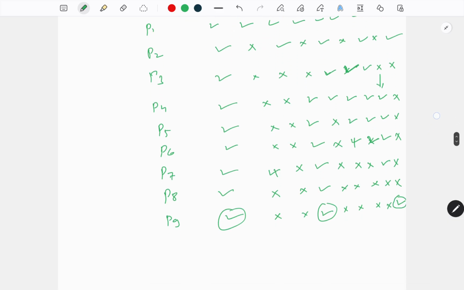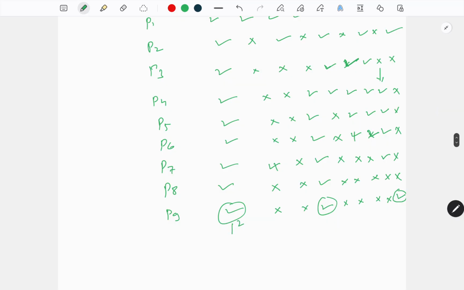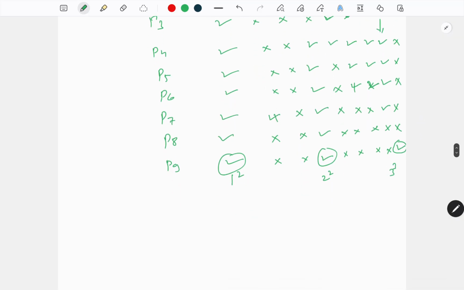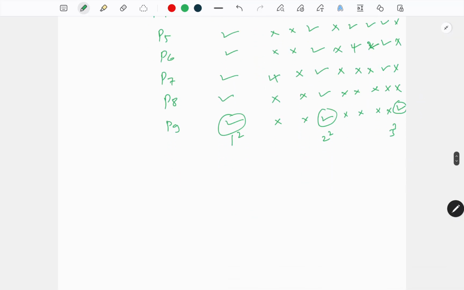So 1 is the square of 1, 4 is the square of 2, 9 is the square of 3. If you continue in the same way, every light bulb numbered as the square of some number will always keep turned on.